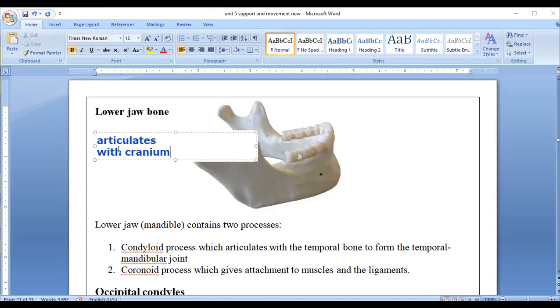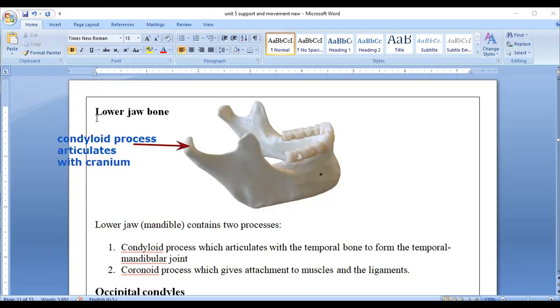It is called the condyloid process. So the condyloid process articulates with the cranium, mainly the temporal bone. The joint they make is called the temporomandibular joint.